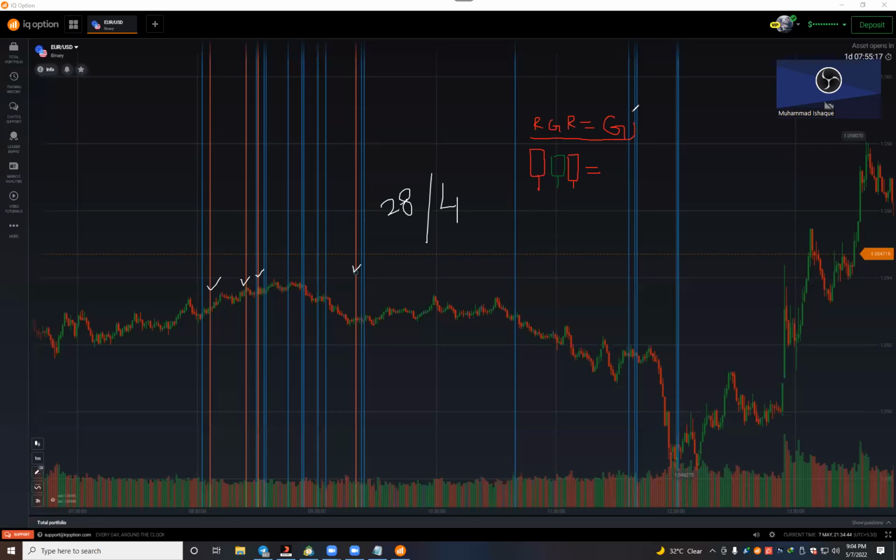Now you can understand very well, because it's the psychological pattern: red, green, red, green, red, green equals red. This pattern is filtered with the bottom wicks, and this one with the upper wicks.